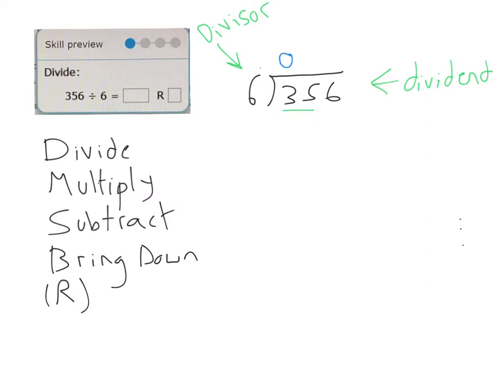I often like to put a little multiplication sign right here, which helps me remember that I'm multiplying the number on top by the divisor. So 0 times 6 is 0. We write that underneath the number we're dividing. Then subtract: 3 minus 0 is 3. And then we bring down. We did the 3, so we're bringing down the 5.